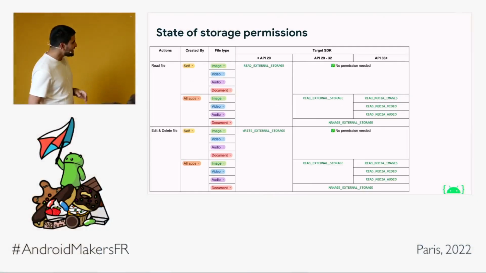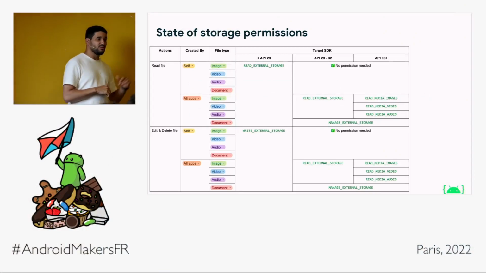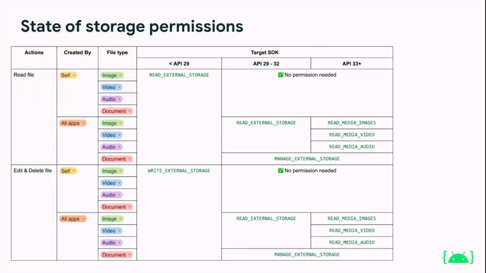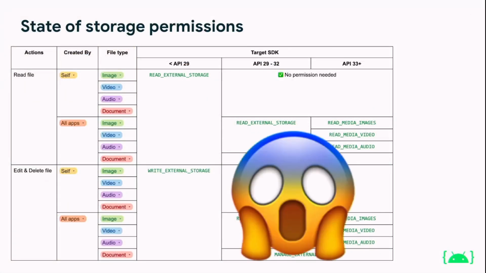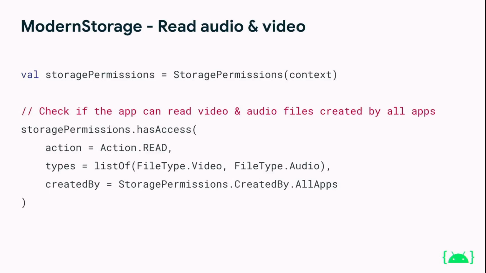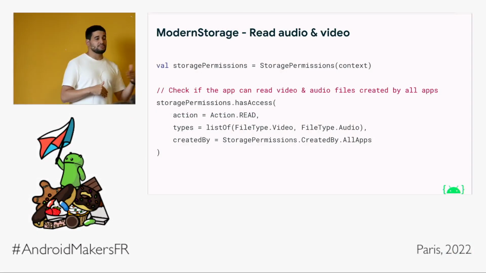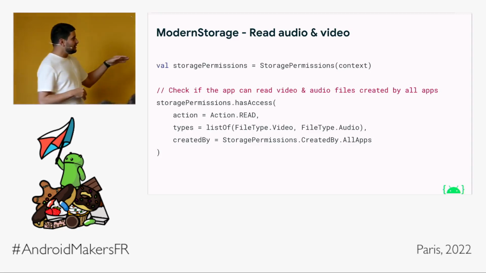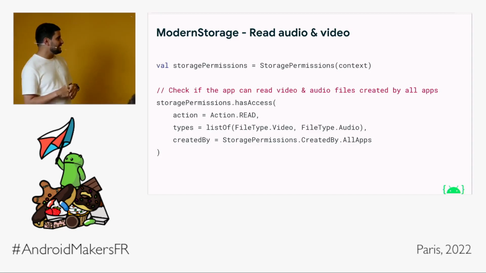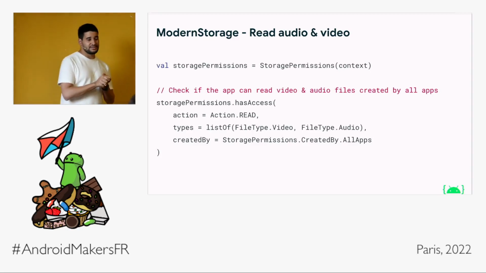And now, let's have a look, for example, at the storage permissions. With the one that I've shown, you need this type of table to be able to understand all storage permissions, which is not that great. It's actually a nightmare. So here instead, with ModernStorage, you have this method named hasAccess where you can set the type of action you want to do, whether it's read or write, and a list of file types, and it will tell you if you have access to it or not.